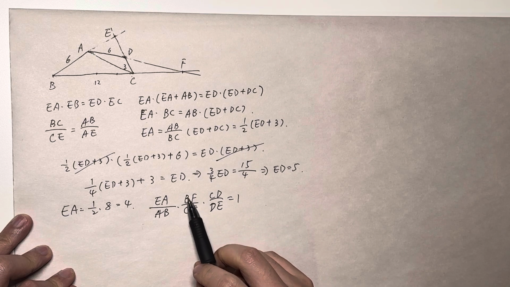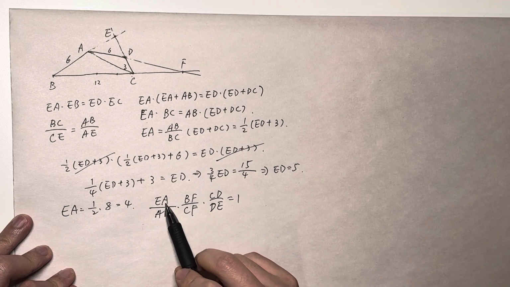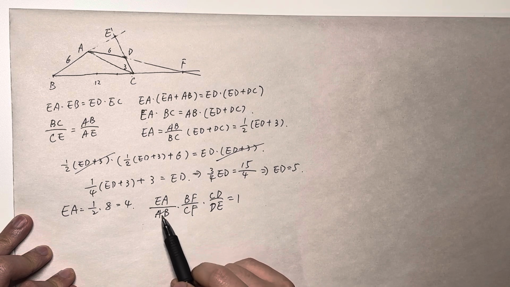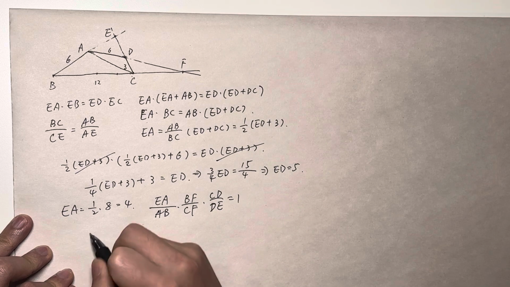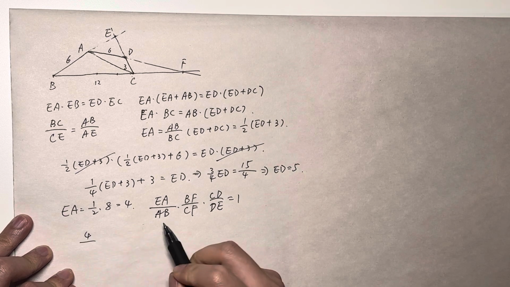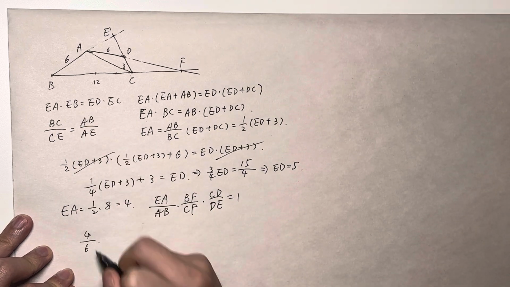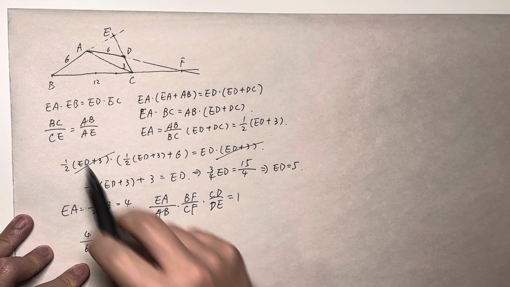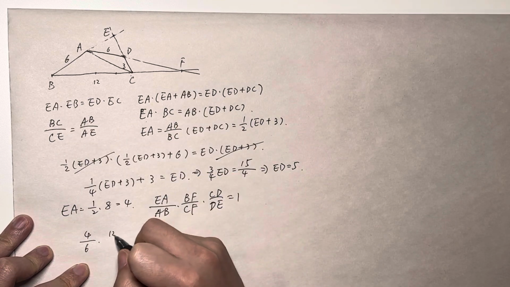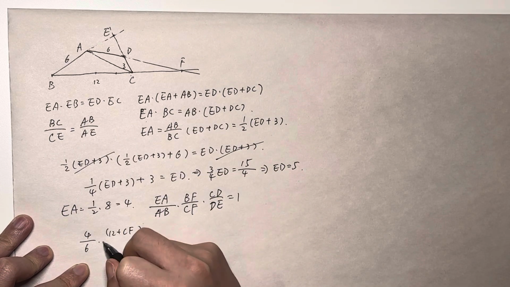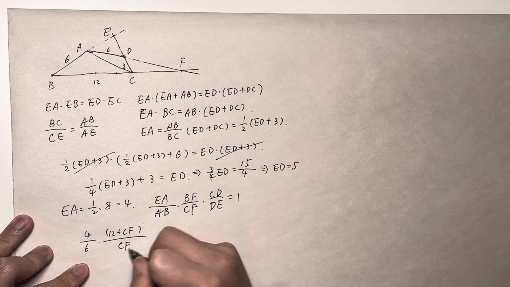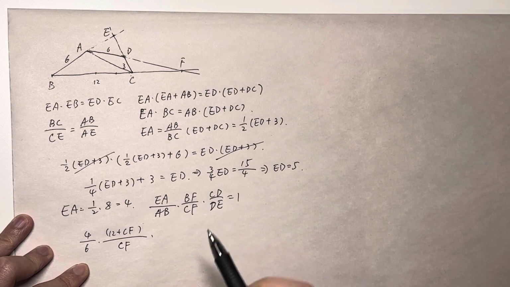We already know the length of EA, that is 4, to AB is 6, times BF is 12 plus CF, to CF, times CD to DE.